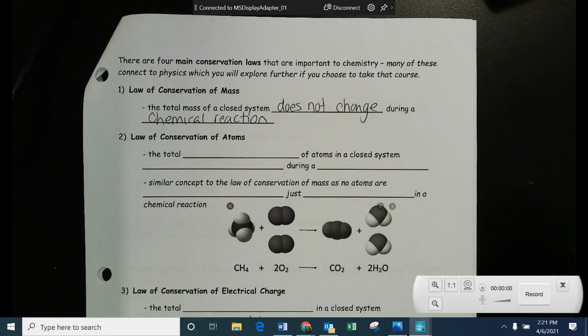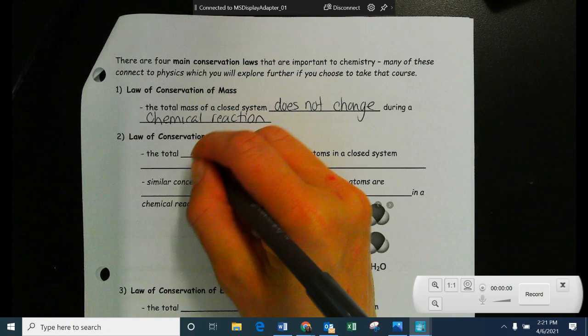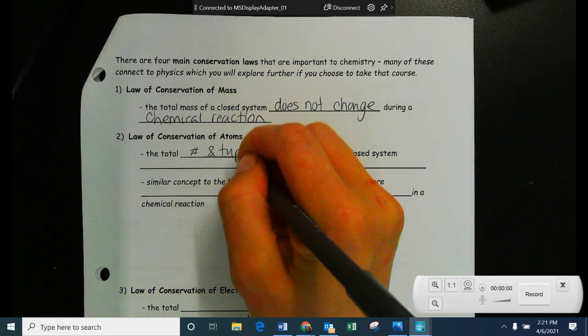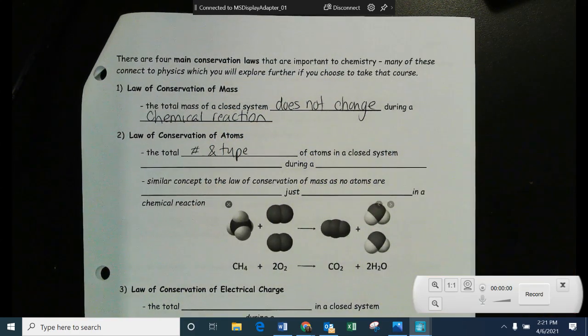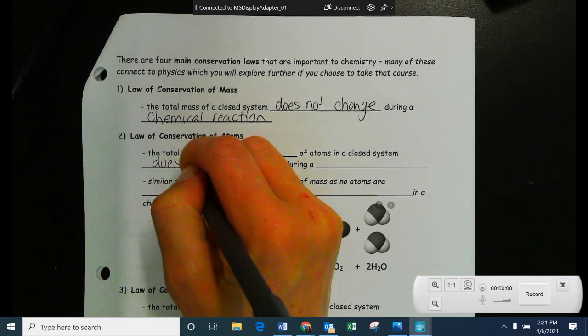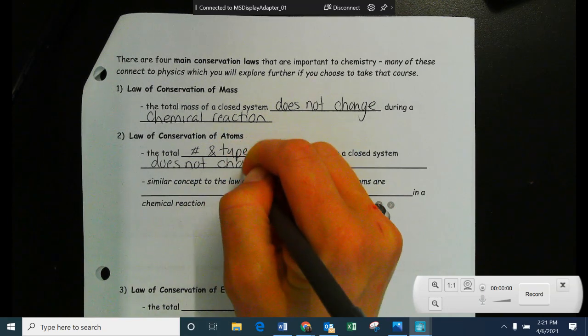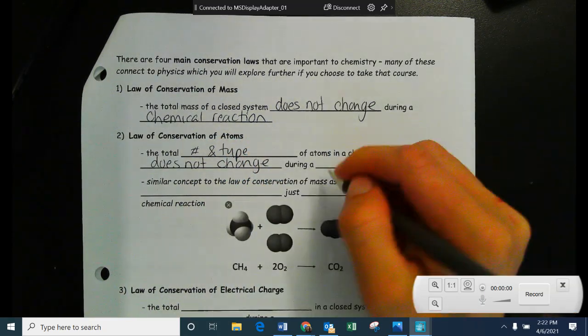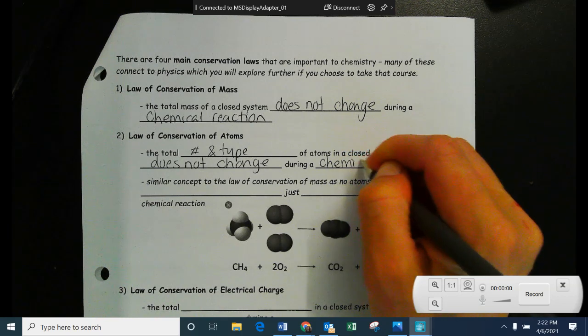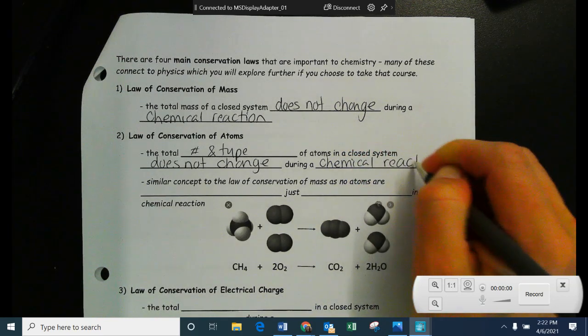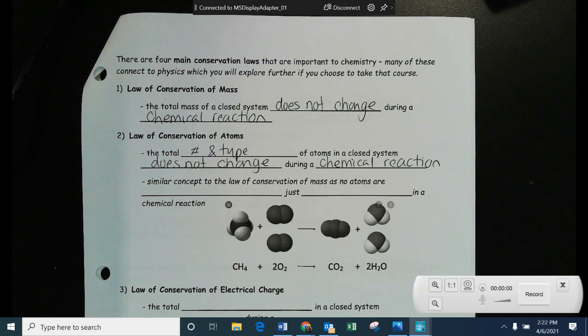And that's because the total number and type of atoms in that closed system does not change during a chemical reaction. So this is a very important concept in chemistry, the conservation of mass. You cannot create or destroy matter. Our reactants are just being rearranged into products.